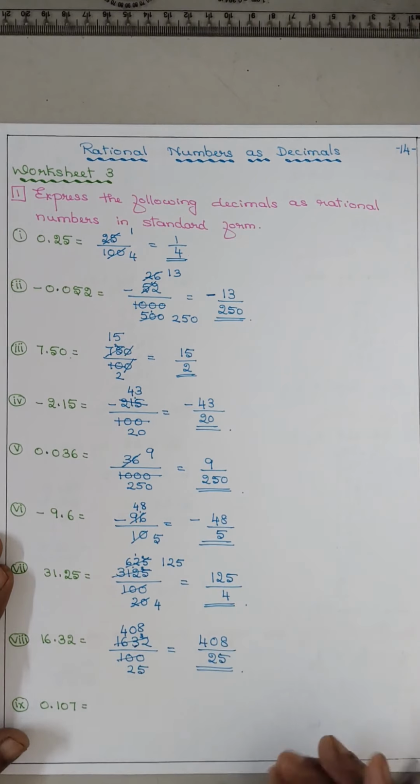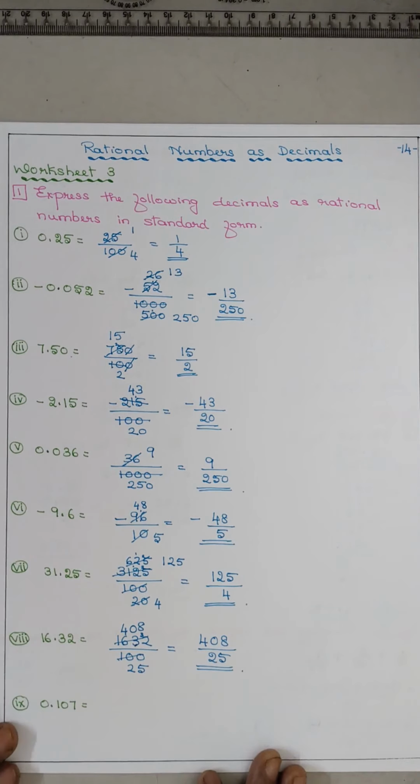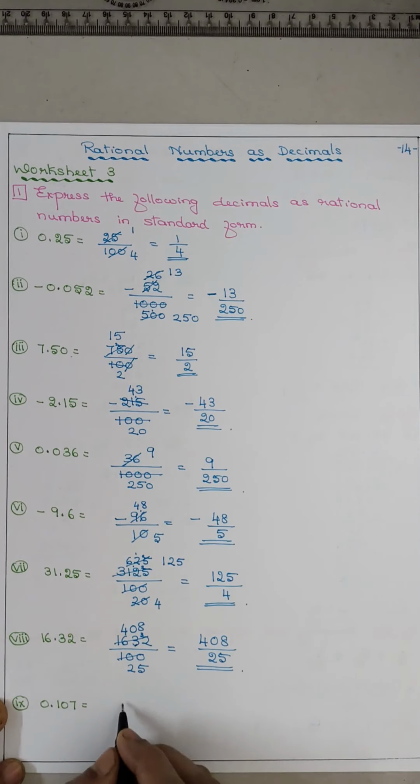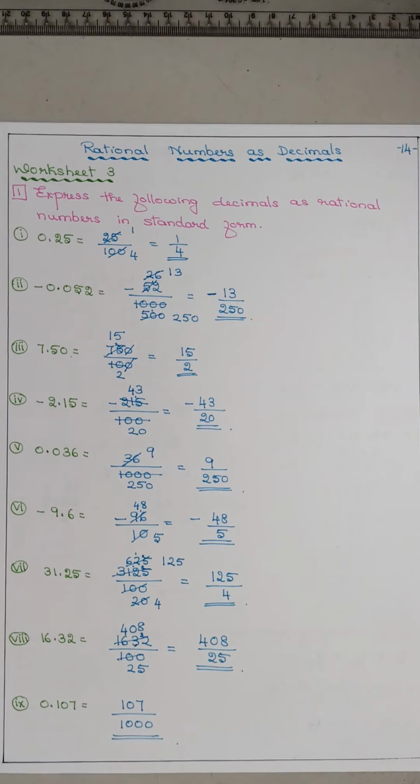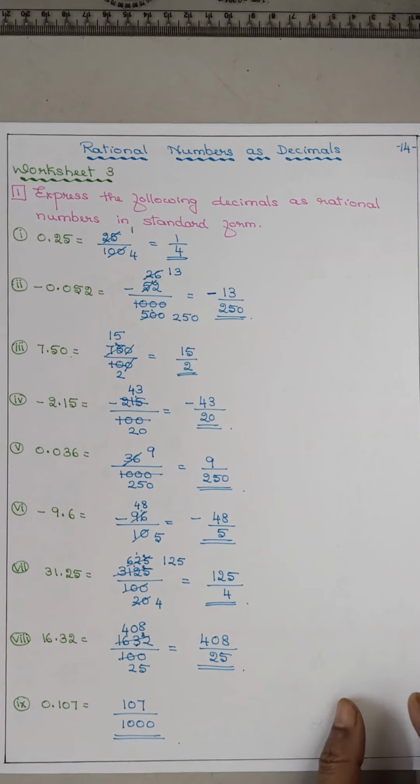It is not 48, it is 408. Now coming to the last, 107, 3 decimals, so 3 zeros, that is 1000. 107 is a prime number, that's why this is the final. It is in the standard form.